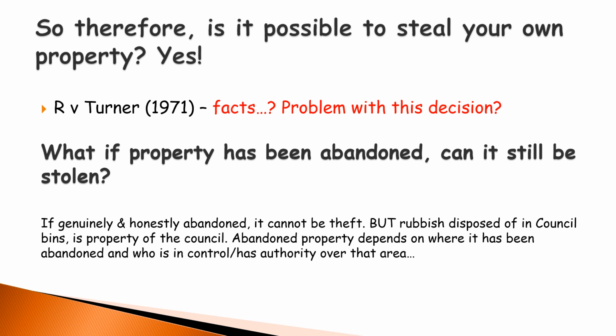But rubbish disposed of could still be theft, particularly in council bins, because once you've put rubbish into a council bin, if that bin isn't on your property, that's going to be property of the council. So really it depends on where that property's been abandoned and who has control or authority over that area.